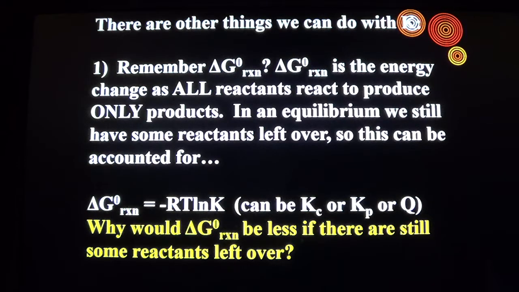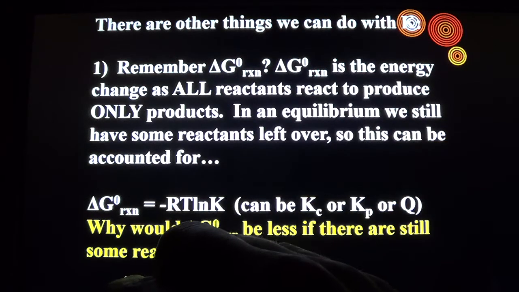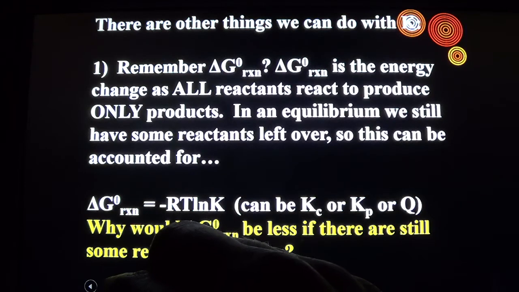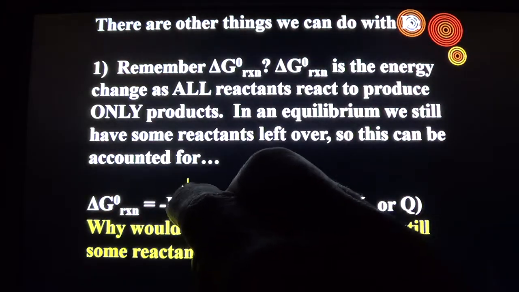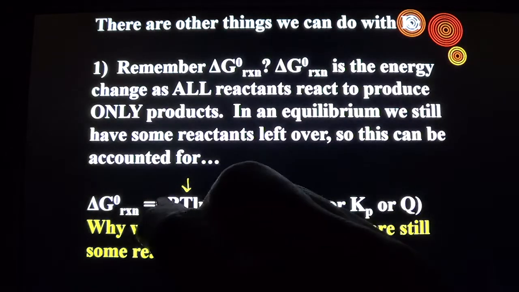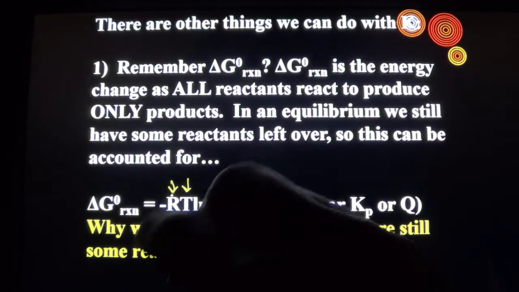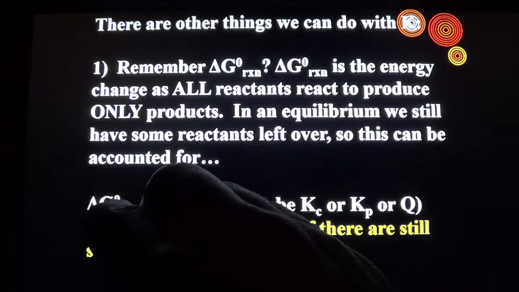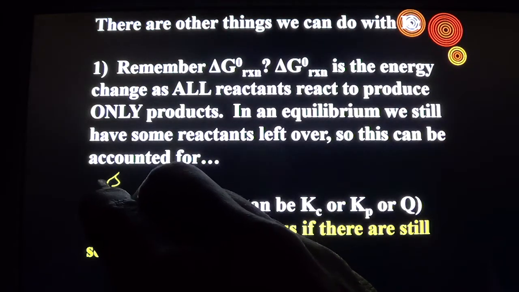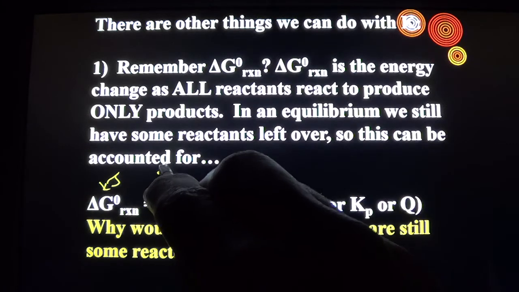Well, here's our conversion. And I want to point out a couple things about this. We have the Kelvin temperature like you're used to. We have R as, now R is a gas constant, but we're working with G in joules, probably kilojoules. So you want the R measured in joules.